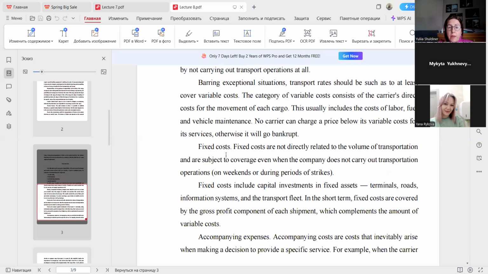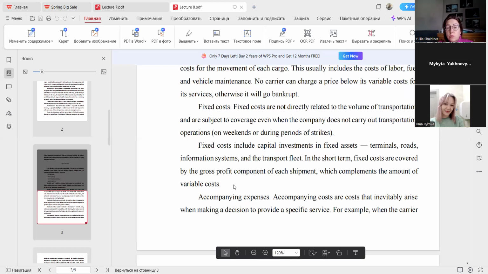Fixed costs. Fixed costs are not directly related to the volume of transportation and are subject to coverage even when the company does not carry out transportation operations, on weekends or during periods of strikes.